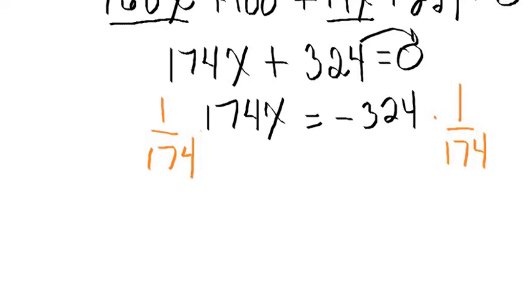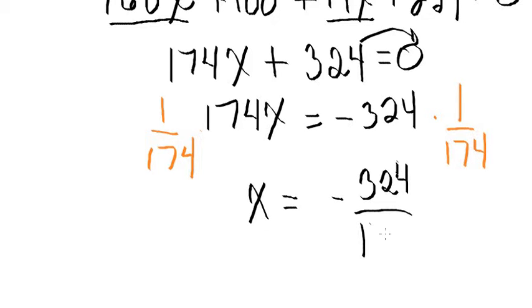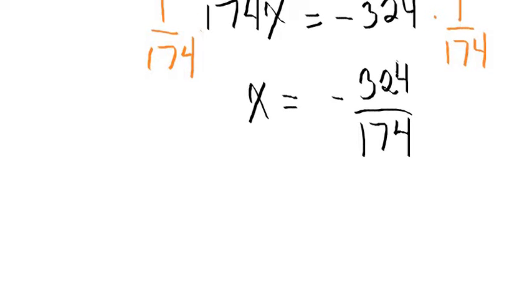And so we're left with x is equal to negative 324 over 174. And we'll need to reduce that down, and it does reduce down to, check that out, I think negative 54 over 29.